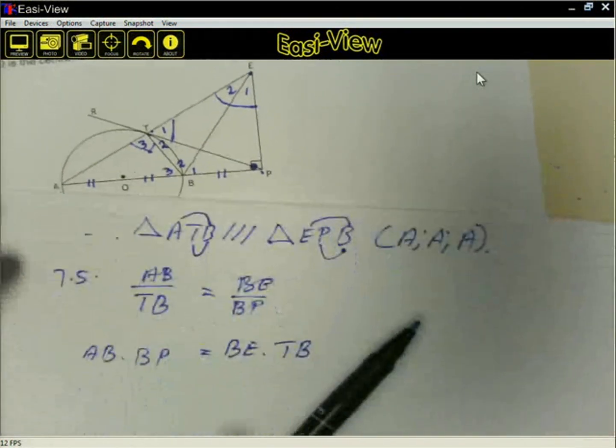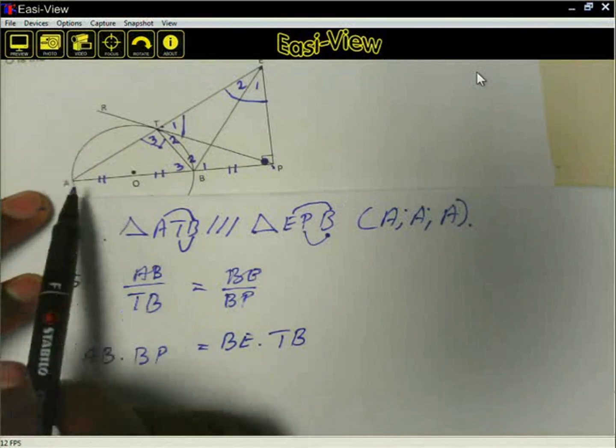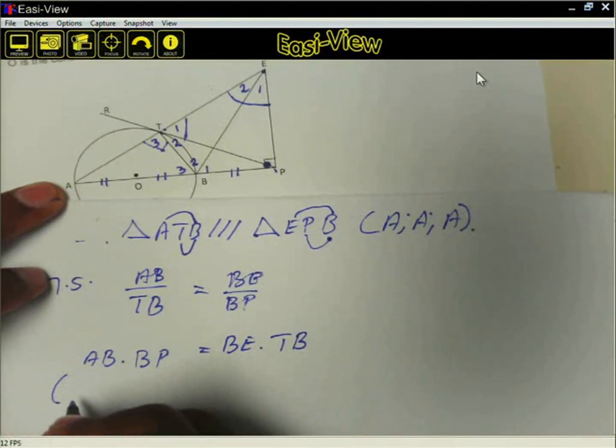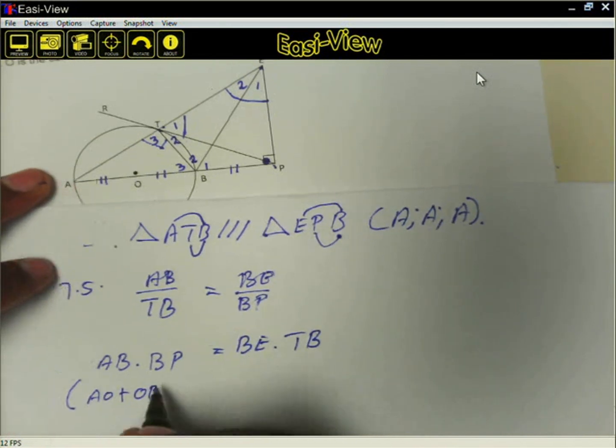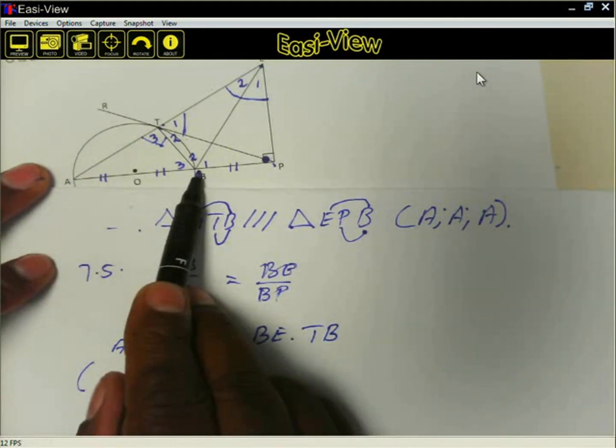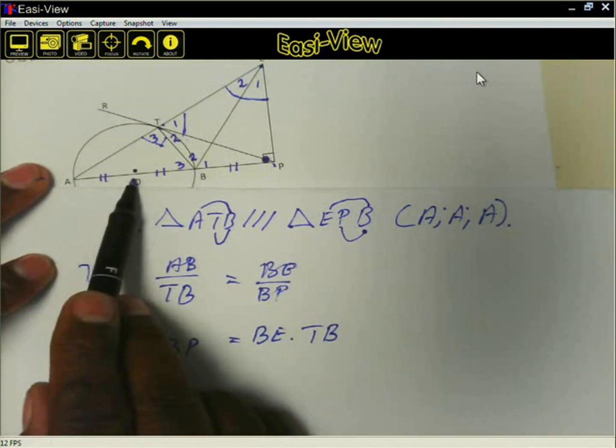Go back to the diagram. Check AB. AB is the same as AO plus OB.